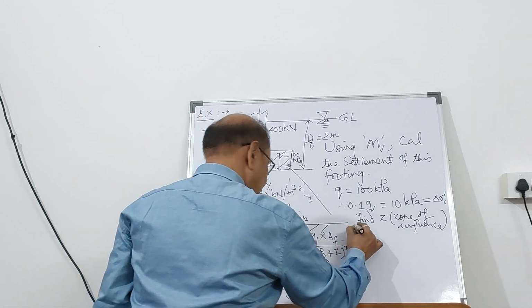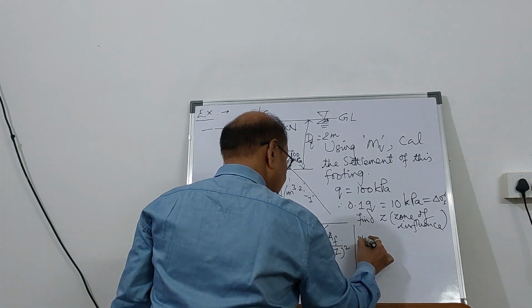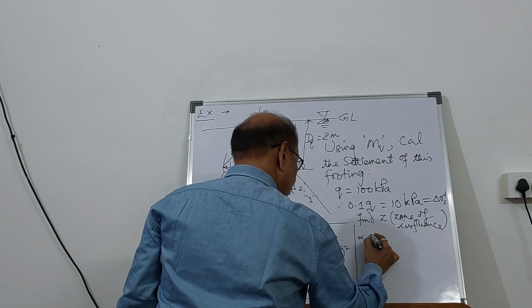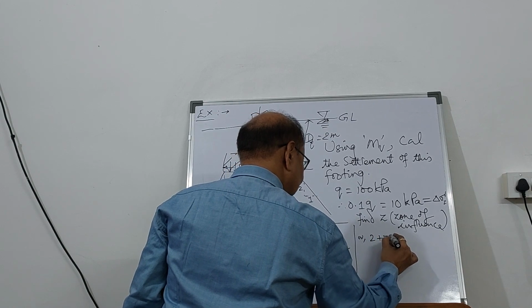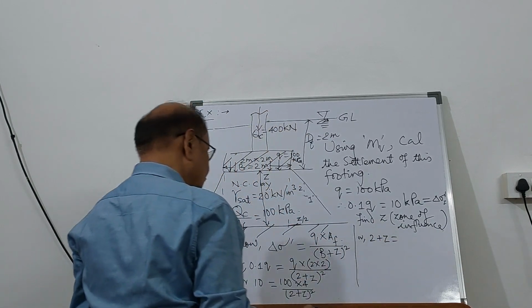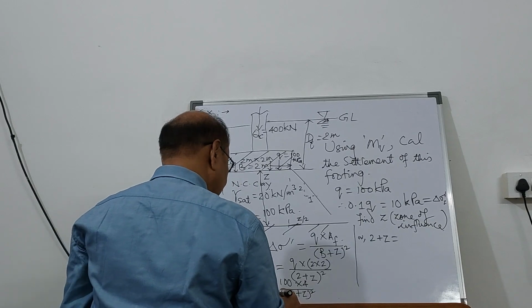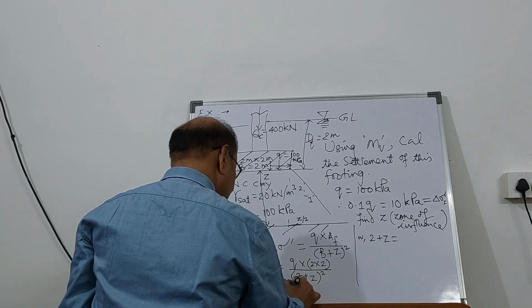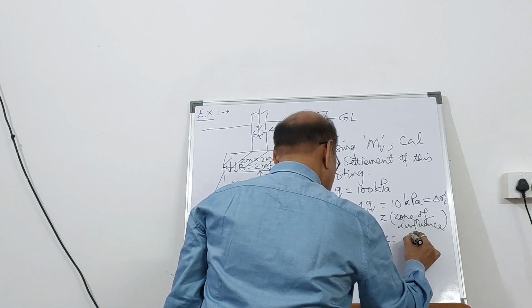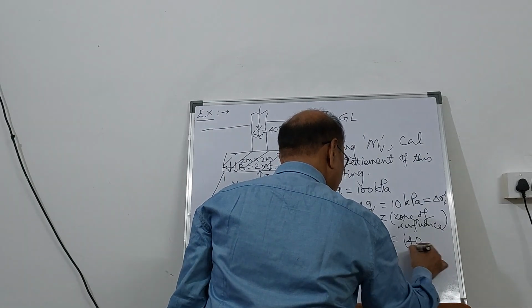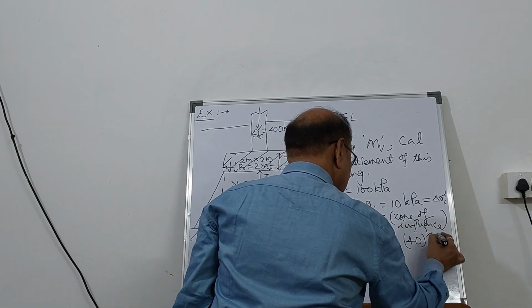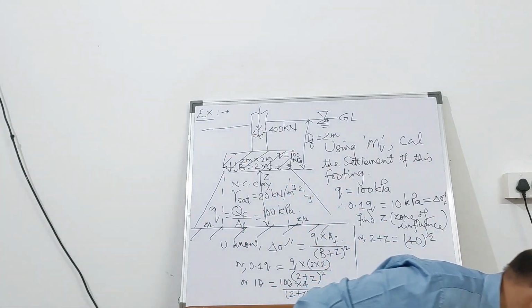Right? Therefore, we can write (2 plus Z) whole square is going to be equal to, zero cancels zero, so it becomes 40. So we can calculate it.